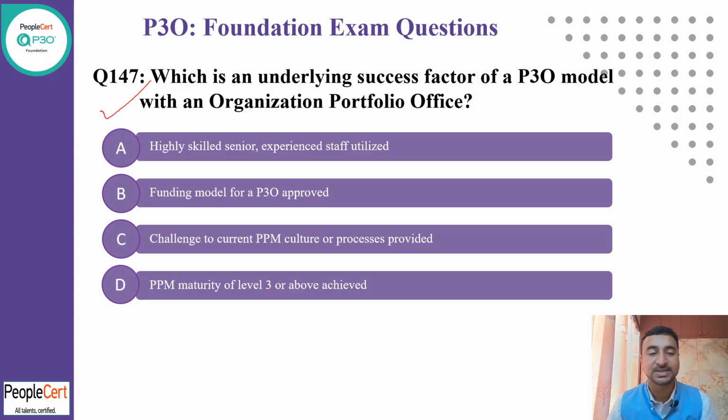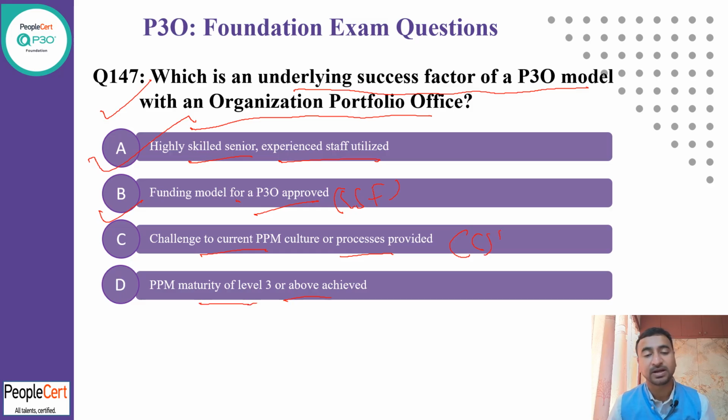Question number 147 says, which is an underlying success factor of the P3O model within an organizational portfolio? Highly skilled senior experienced staff utilization, that is a critical success factor by which you can improve the success ratio of the P3O delivery. Funding model for a P3O approved, again that is not a critical success factor. Challenges to current PPM culture or process provided, again it's not a critical success factor.